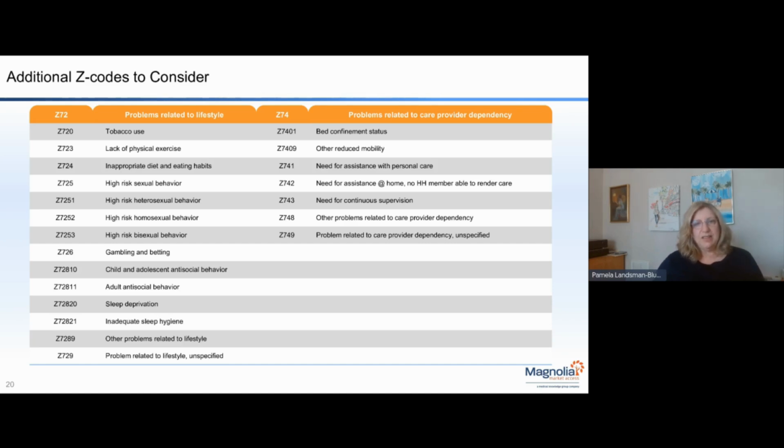On the right, Z74 are those related to care provider dependency. So someone's confined to a bed, they need assistance for personal care. They need assistance at home, but there's no one there in the home. So you can see how these do map to those consumer social determinants of health that we looked at.